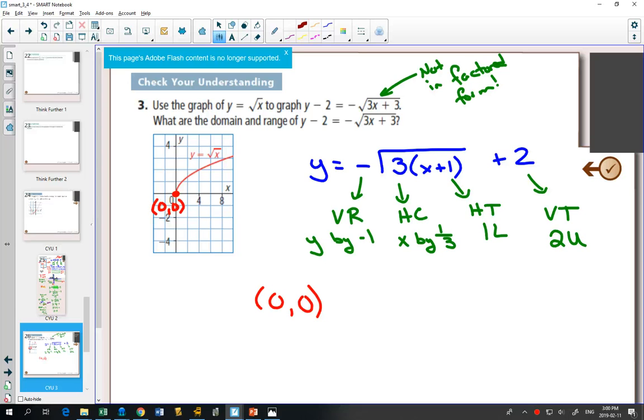So sometimes some thought beforehand helps, trying to say, this is what I'll have to do. I have to multiply y by negative 1, x by 1/3, move it 1 to the left, move it 2 down. What would be a point that I could choose so that if I did those things, I still end up with nice whole numbers?